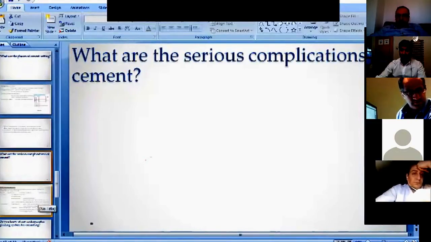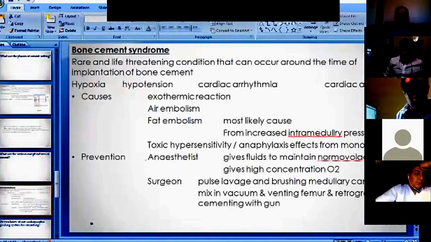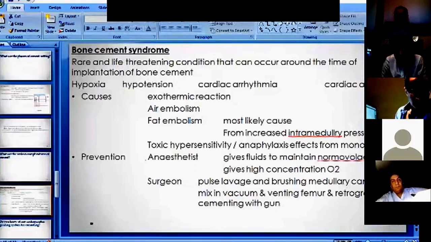Thank you. I think generally when you're proposing treatment and they start to ask you about complications, that means you should be doing quite well. So there are various issues that can happen with cement. The most serious complication is what's so-called bone cement implantation syndrome.